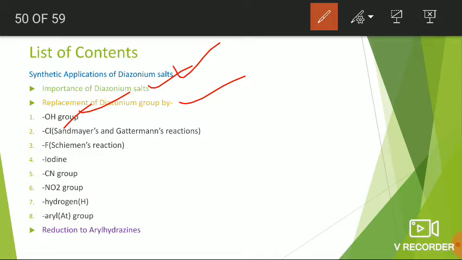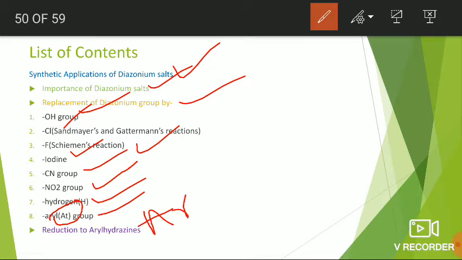That reaction is generally known as the Sandmeyer or Gattermann reaction, or replacement of diazonium group with chlorine, and replacement of diazonium group with iodine, or replacement by cyano group, replacement of diazo group with nitro group, replacement of diazonium group with hydrogen, and also replacement of diazonium group with aryl group.